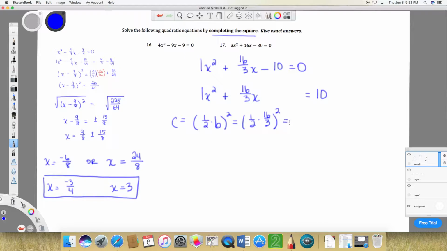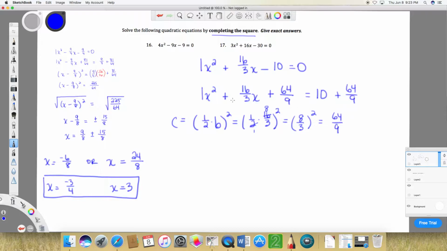And half of 16 over 3 is 16 over 6, but that reduces to 8 over 3, squared, which is 64 over 9. So that's what I want to add to both sides of this equation.